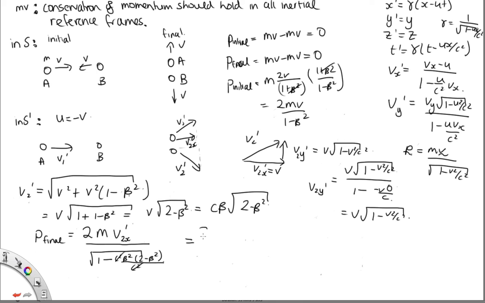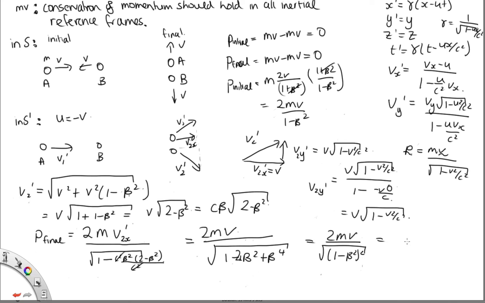Okay, so we've got 2m, now v2x dash turns out just to be v, and then we've got this over the square root of 1 minus 2 beta squared plus beta to the 4, which is equal to 2mv over the square root of 1 minus beta squared squared, which is equal to 2mv over 1 minus beta squared.